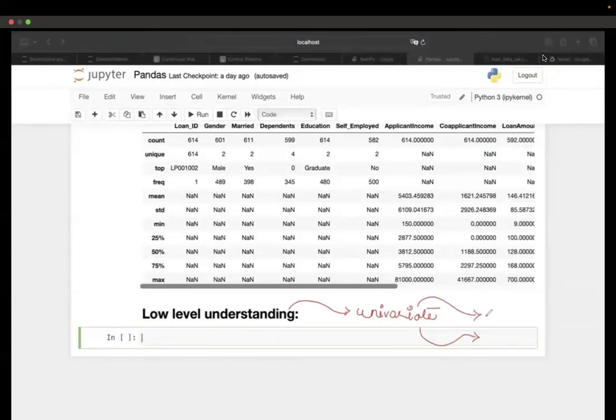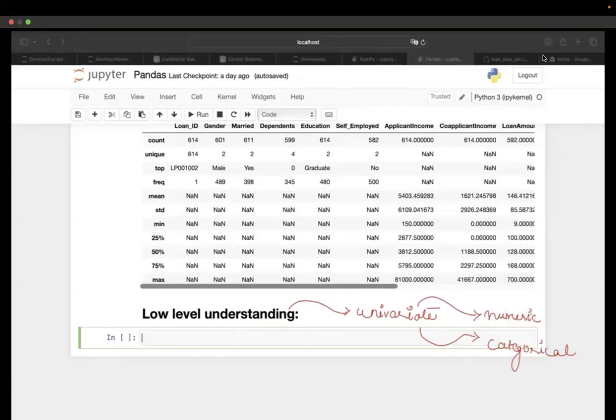First one is your numerical type of data. And second one is your categorical type. Okay, can't help it. You have to.